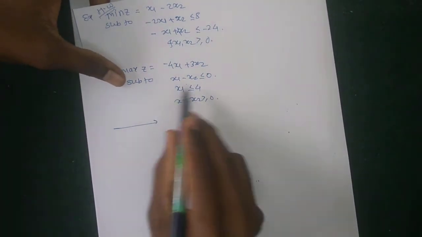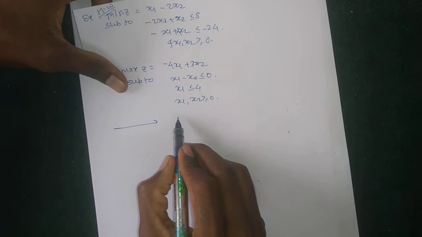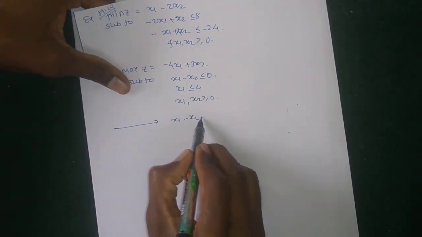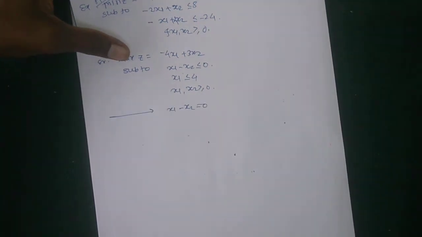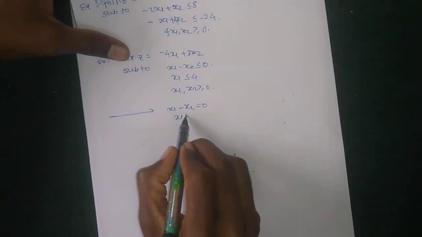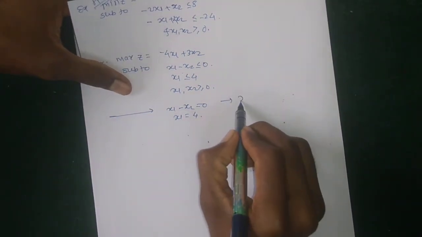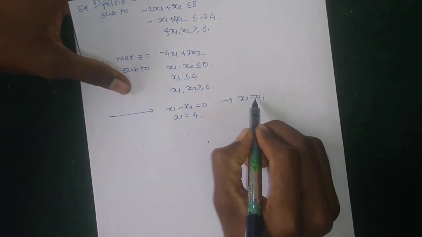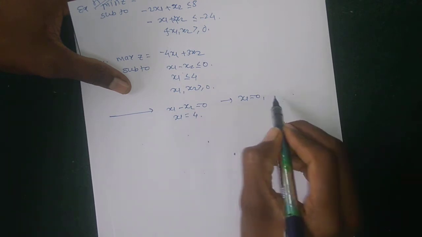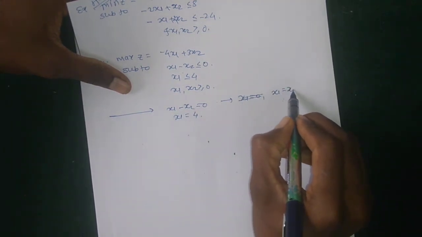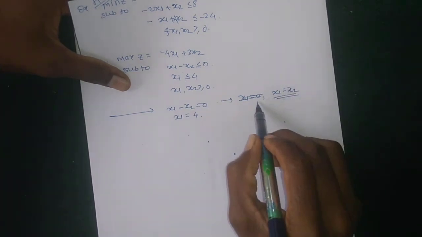So firstly, write all constraints as equalities: x1 minus x2 is equal to 0 and x1 is equal to 4. Their points: x1 is equal to x2, which means this is a straight line.